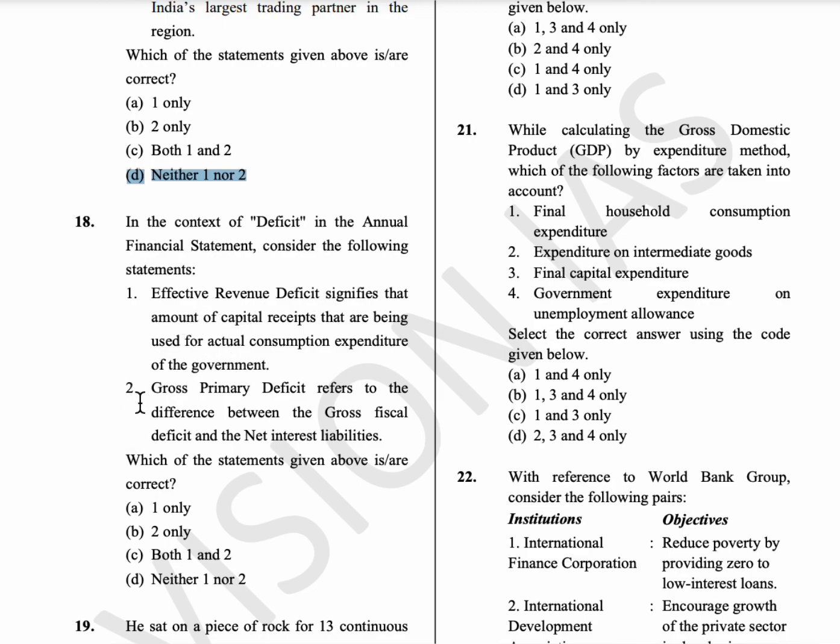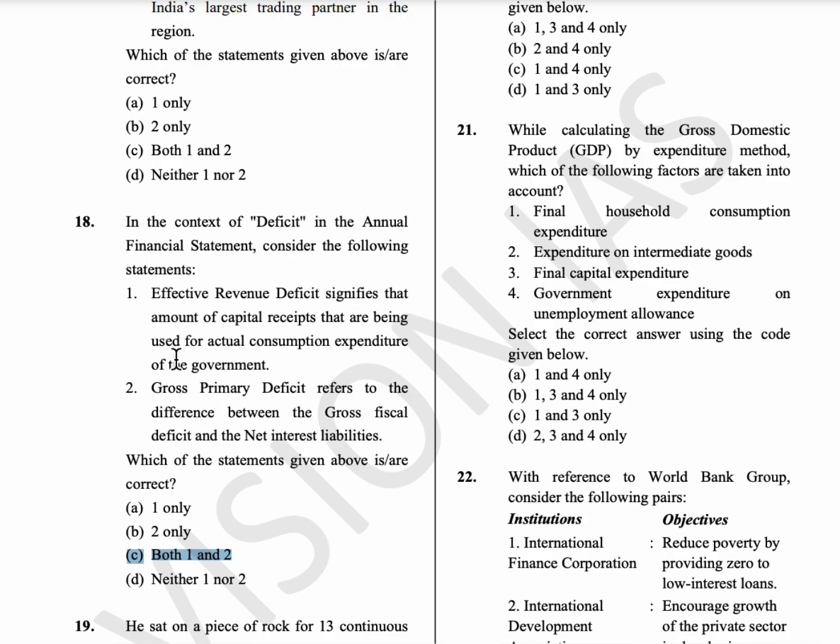Coming to second statement, gross primary deficit refers to the difference between gross fiscal deficit and net interest liabilities. So even the second statement is also correct. So both these statements are correct. Regarding the annual financial statement, effective revenue deficit signifies that amount of capital receipts that are being used for actual consumption expenditure of the government.